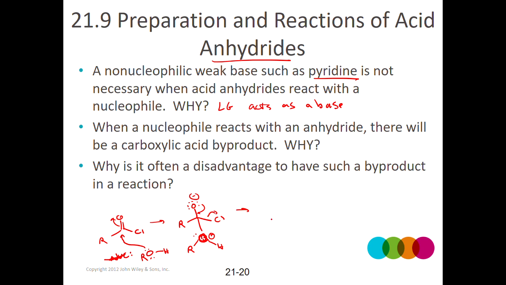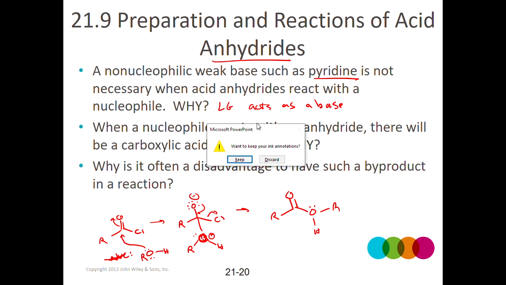The leaving group leaves. It got this proton that needs to be picked off, and that's why we used pyridine. The advantage of the anhydride is we don't need to add that.